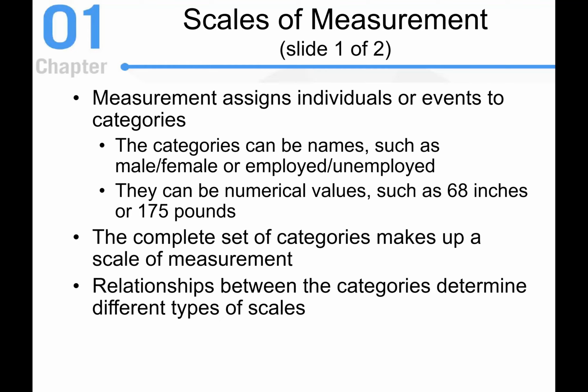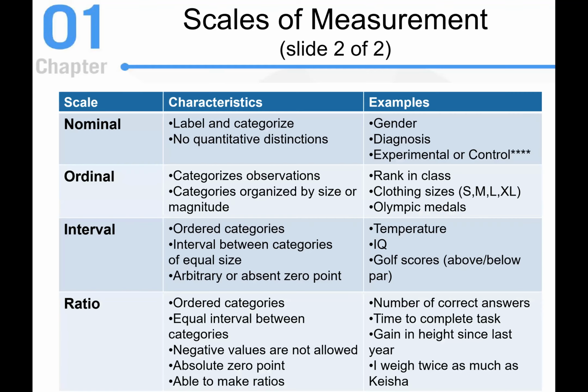Now, the relationships between the categories determine the different kinds of scales. All right, and so we have 4 scales, and we're going to talk about those scales. The scales go, as we read, from simple to more complex.